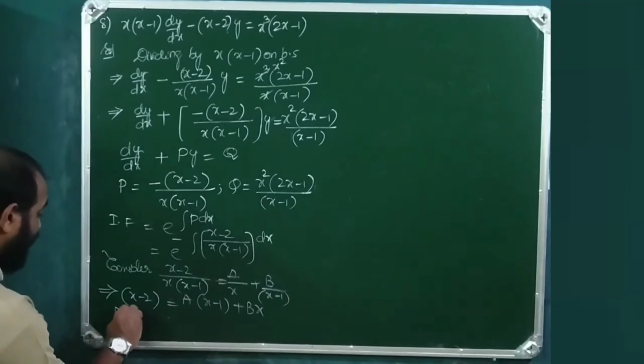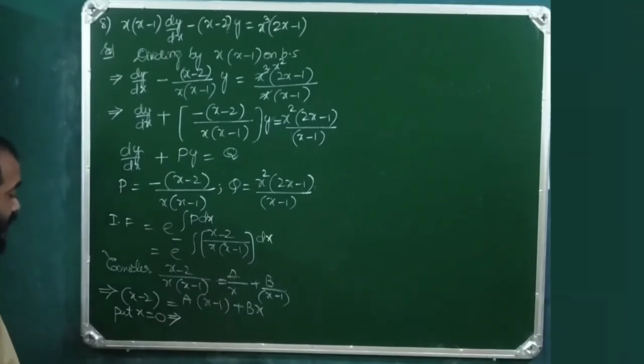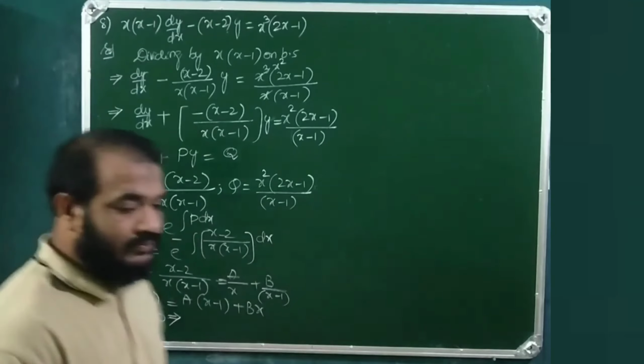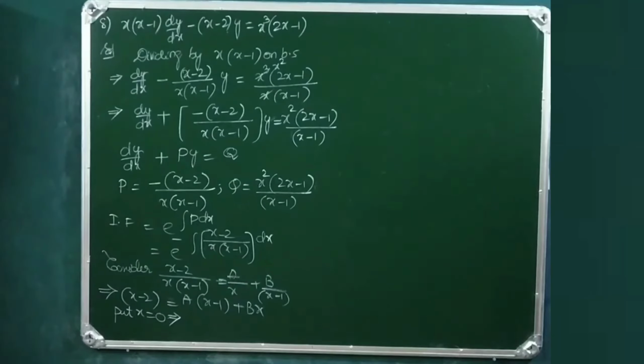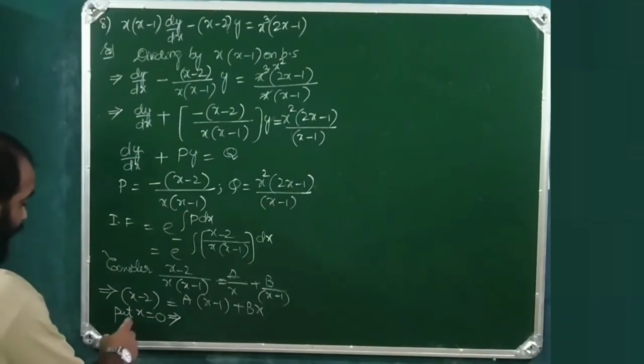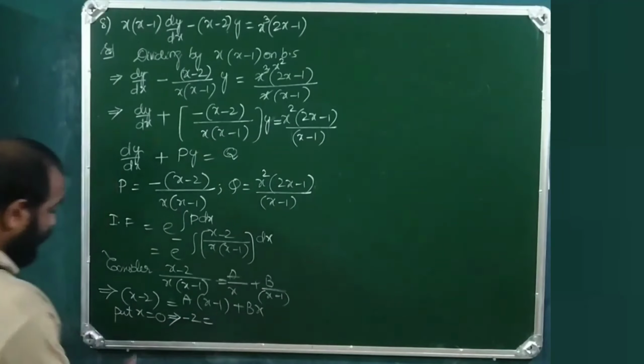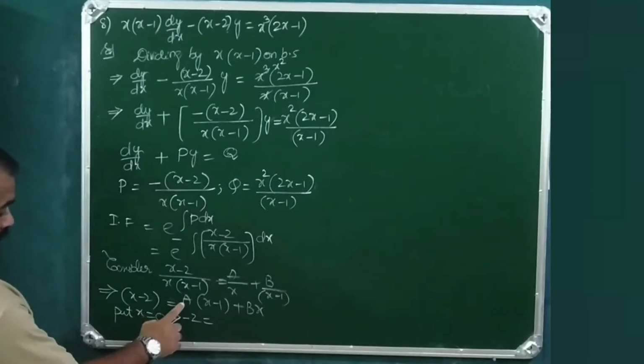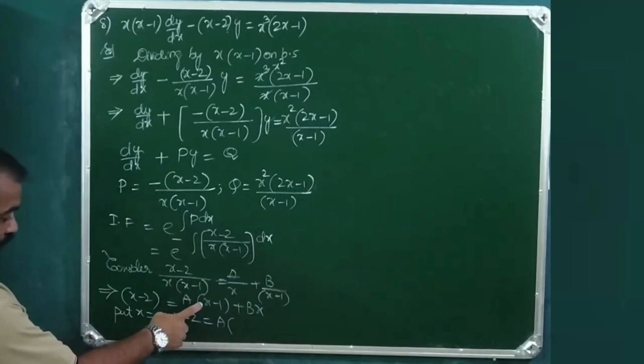Put x equals to 0, we get 0 minus 2, we get minus 2 is equals to a into 0 minus 1.